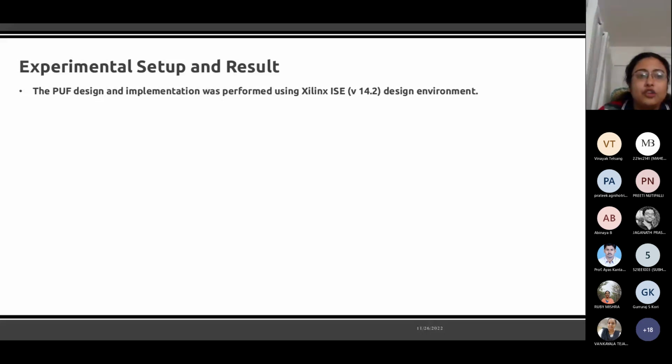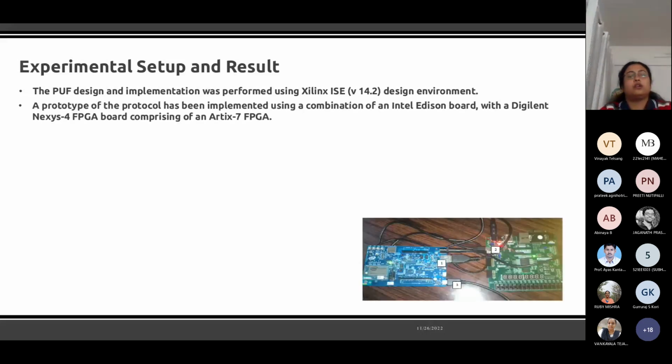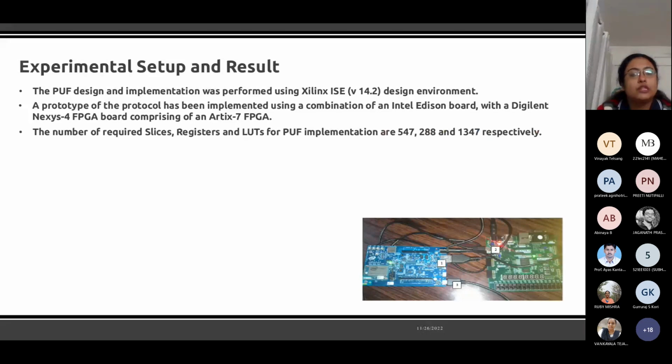Now I will come to the experimental setup part. We have designed and implemented the PUF using Xilinx ISE design environment 14.2. The proposed prototype has been implemented using a combination of the Intel Edison board and the Digilent Nexys 4 board comprising an Artix-7 FPGA.